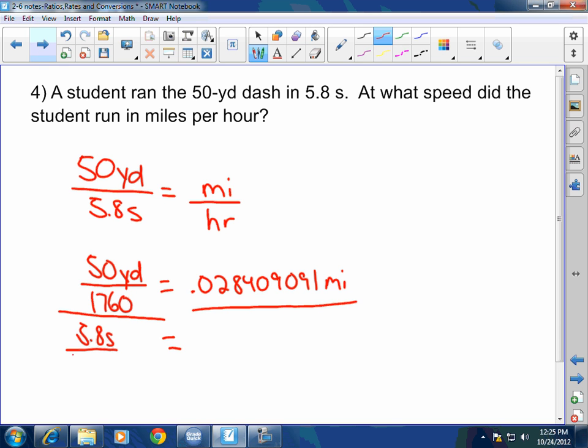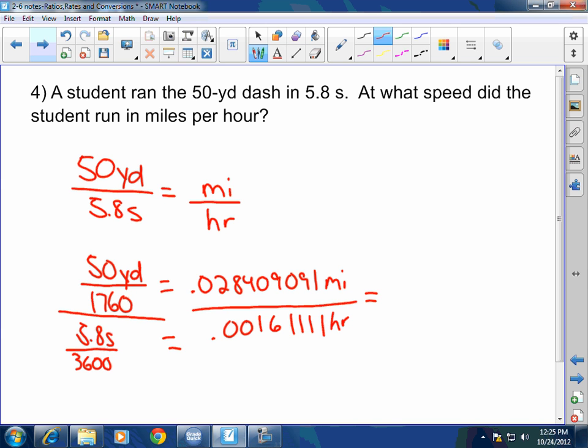There's 3,600 seconds in 1 hour, guys. There's not 60 minutes, no, because it's seconds to hours. Remember, we went over the time one, and we went over this. So now you got to go 5.8 divided by 3,600 equals 0.00161111. Now, at the end, and that's hours.